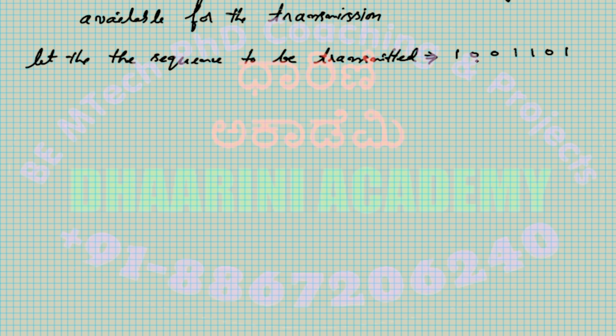So how many bits is this? We have 7 bits to be transmitted. All right. Now, let us try to convert this into the various possible types.